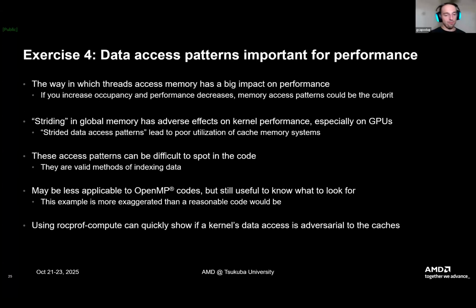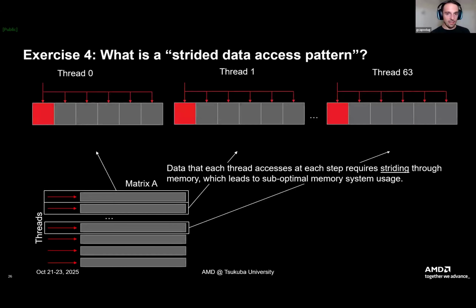The last example, I'm going to go over quickly, so hopefully it's not too quick, but basically we are exploring how data access patterns are important for performance, and this is probably one of the most important things, other obviously than the launch parameters. So basically, the problem implementation has a situation where the threads are striding.